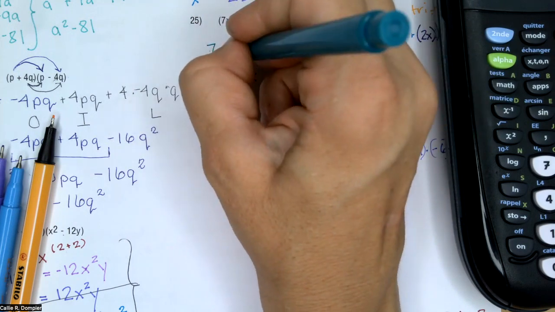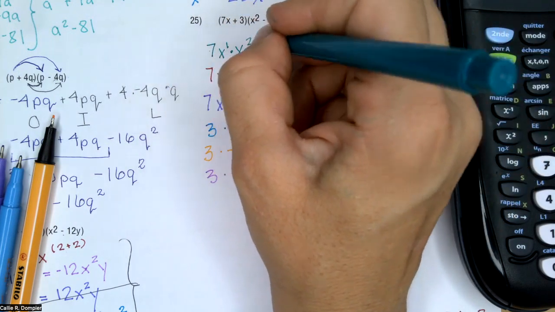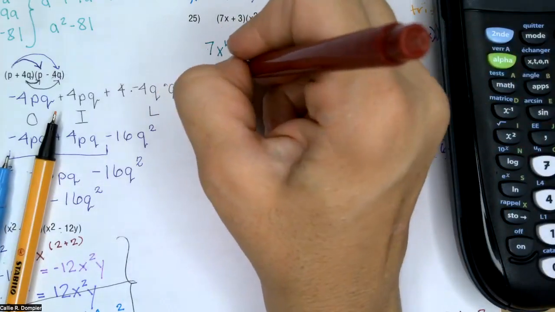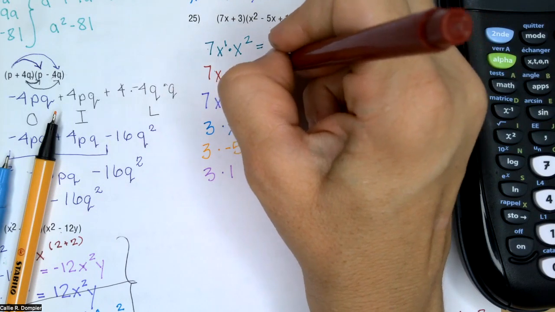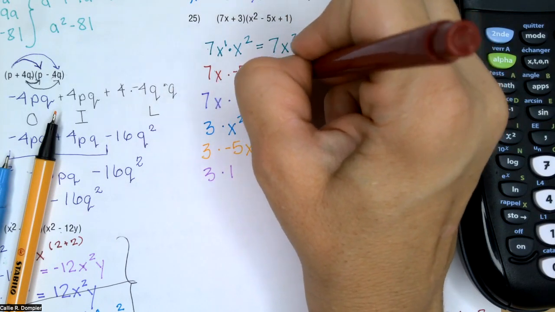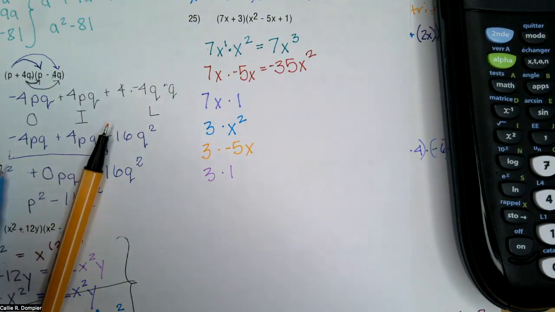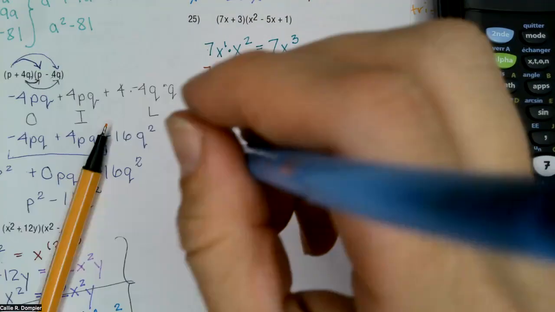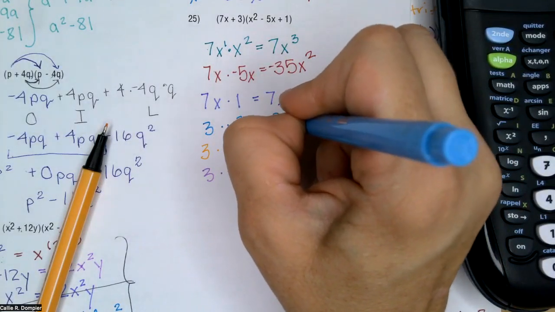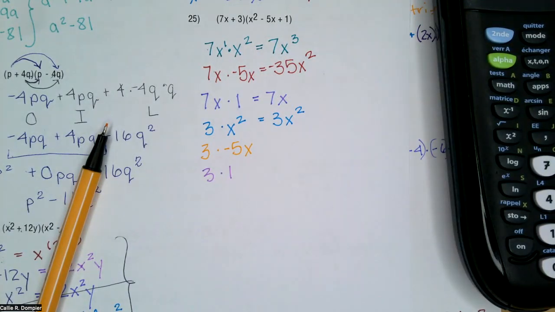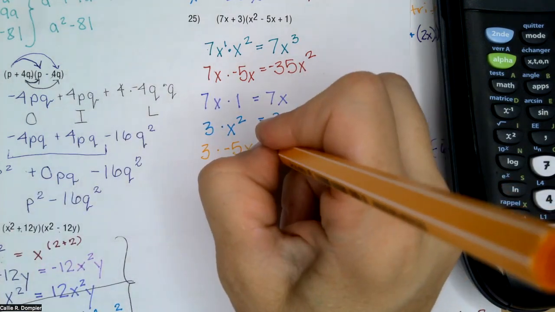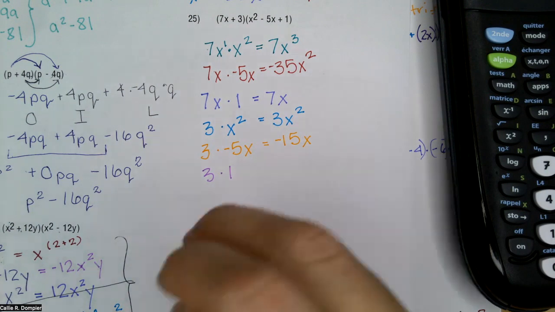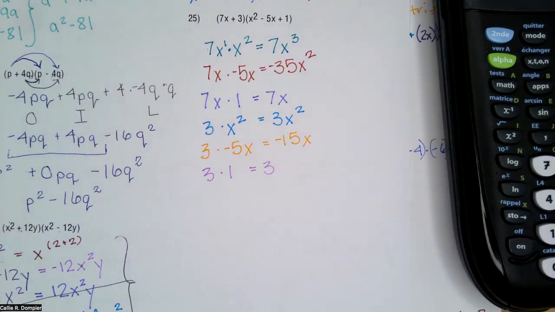Because that's x to the power of 1 times x to the power of 2, which is x to the power of 3. 7x times negative 5x, 7 times negative 5 is negative 35, and then x times x is x squared. 7x times 1 is a nice one, it's just 7x. 3 times x squared is also nice, it's just 3x squared. 3 times negative 5x, 3 and negative 5 is just negative 15, and then there's just one variable. And the last one, there's no variable. 3 times 1 is just 3.